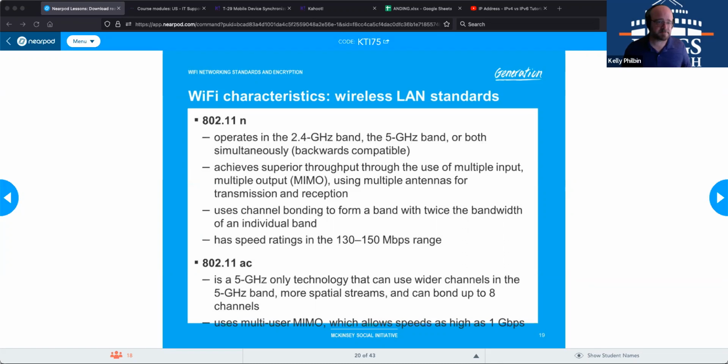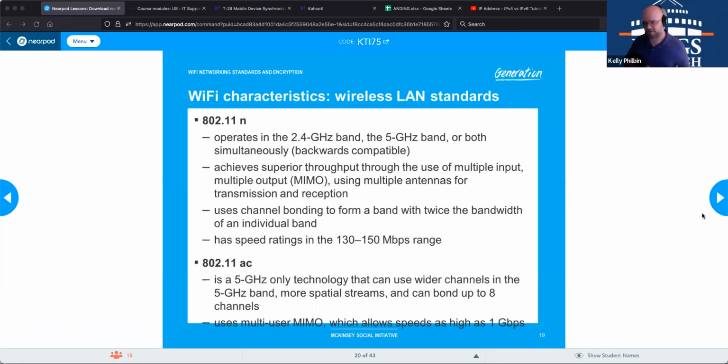Oh, apparently it has up to 233, but with channel bonding, it gets down to 45. All right, so with this, 5 gigahertz only, 1 gigabit per second range. It still uses MIMO, and can bond up to 8 channels.